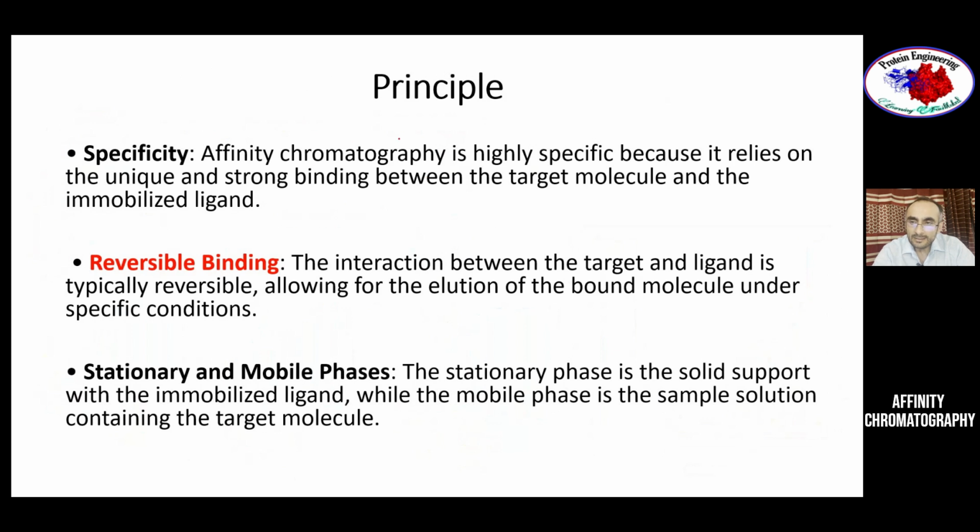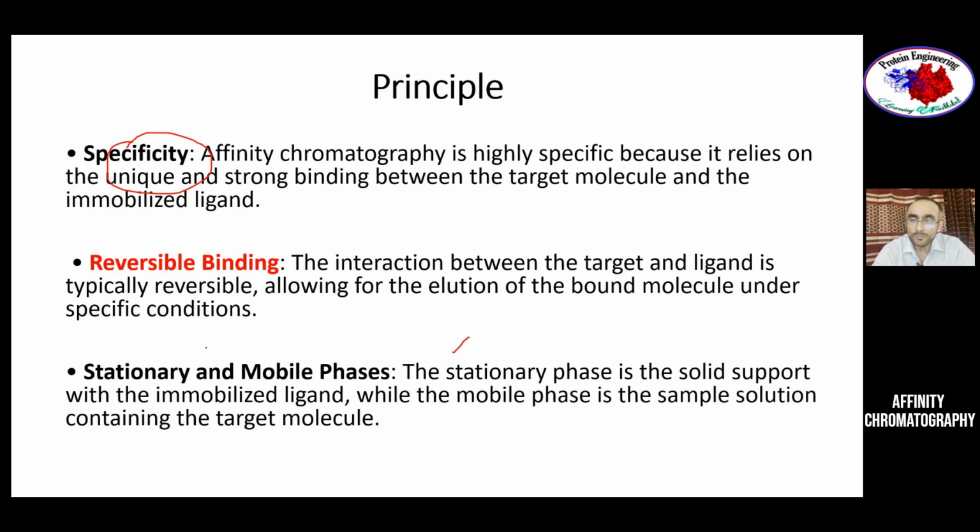In principle, there are 3 components of affinity chromatography. One is specificity between the ligand and the analyte in question which you want to purify. The ligand should be specific. If it's not specific, it cannot be used in an affinity column, and hence will be of no use in affinity chromatography.